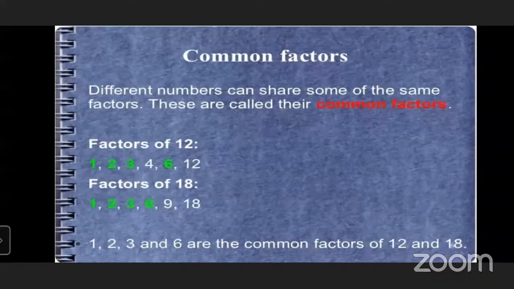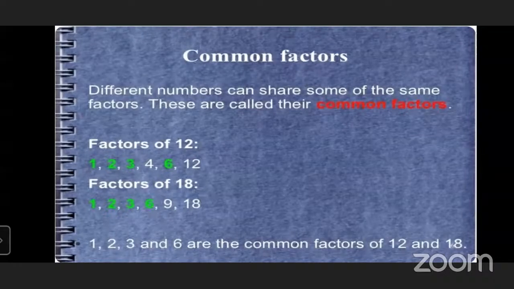For example, take 12 and 18. Different numbers can share some of the same factors. These are called their common factors. The factors of 12 are 1, 2, 3, 4, 6, and 12.